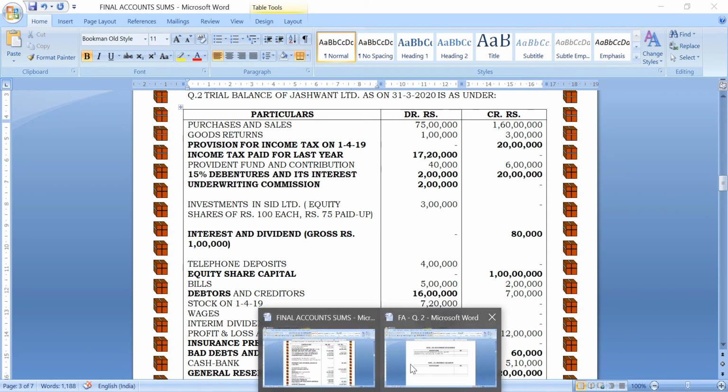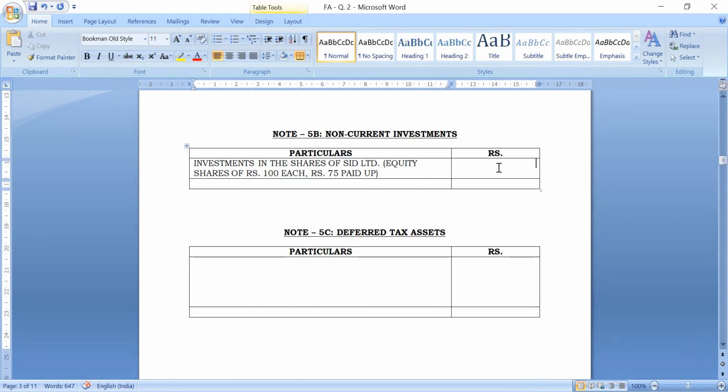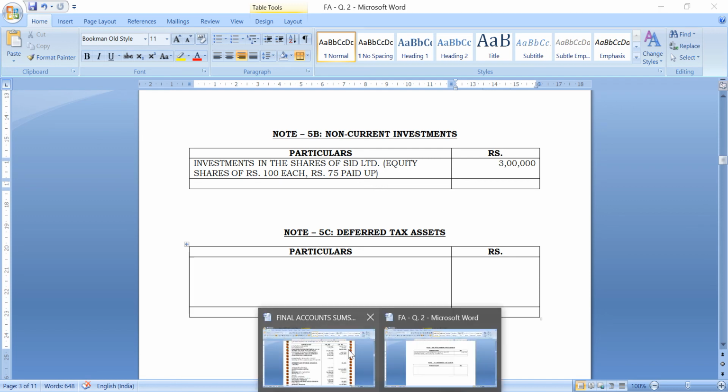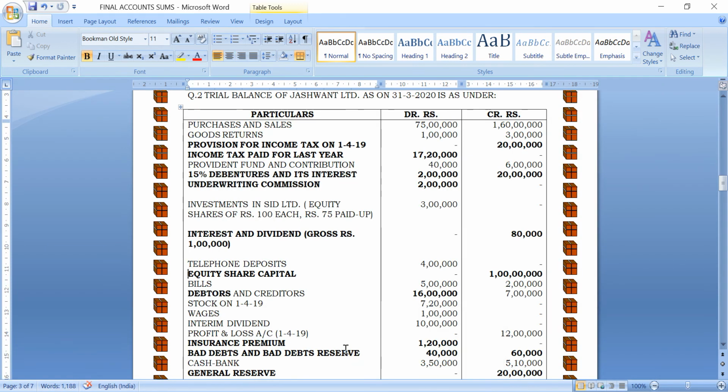Okay, fine. Three lakhs. Next entry. Which is the next entry? Let us go back to the trial balance. It is investments in SIT Limited 3 lakh that we have posted, right?